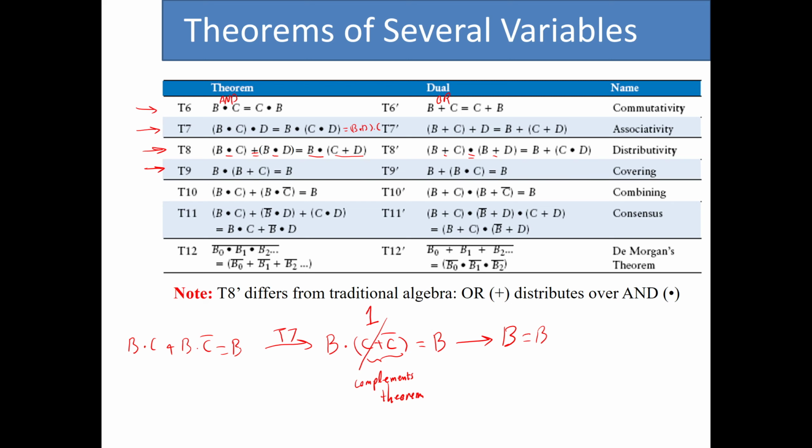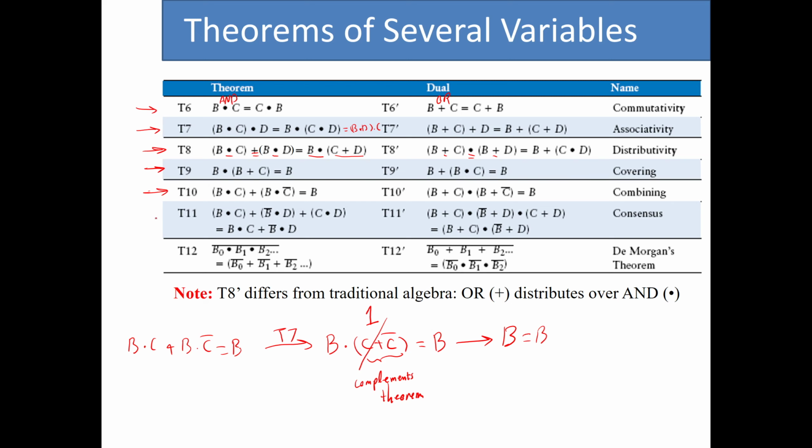Of course, you can use perfect induction too. For its dual, anywhere we had an AND or an OR, we just switched it. So any AND is changed to OR, and any OR is changed to an AND.